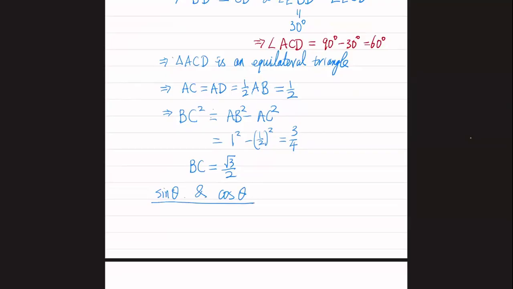We'll start with the right triangle. Because this side is 1, if this angle is theta, then the length of the side facing the angle theta will be sine theta. The length of the side adjacent to the angle theta will be cosine theta.